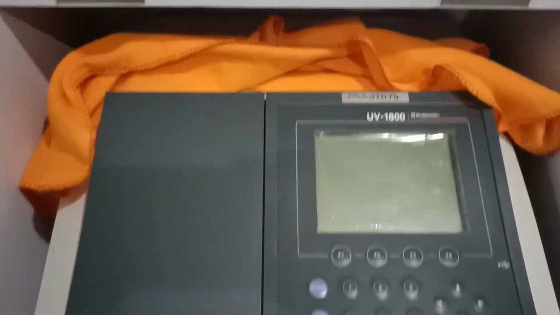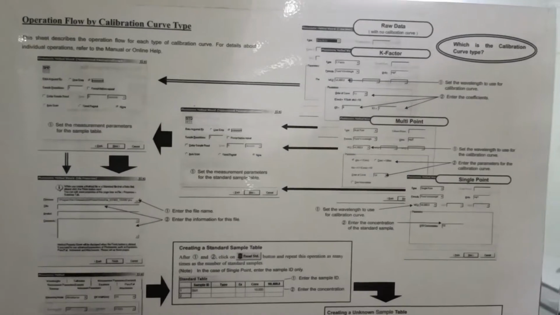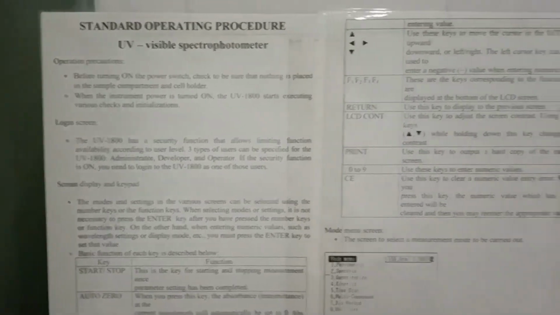And over here, you can see the instruction sheet for the module of the UV visible spectrophotometer. Then how to carry out the calibration curve of the spectrophotometer is also given here, as well as the standard operating protocol of the UV visible spectrophotometer.